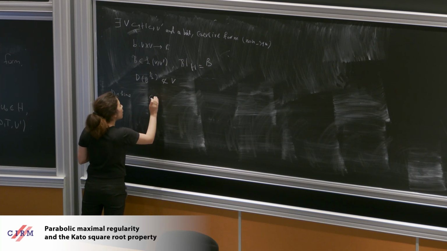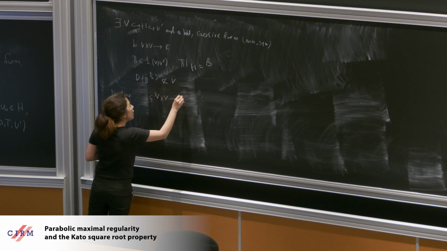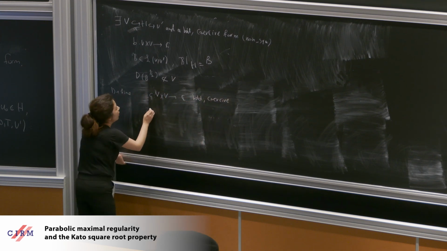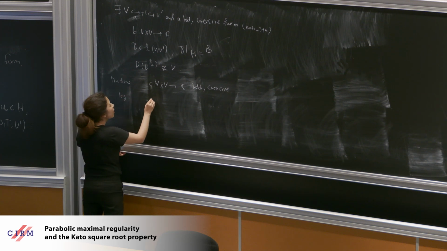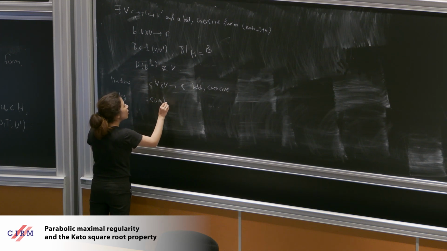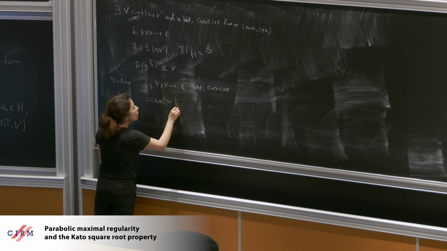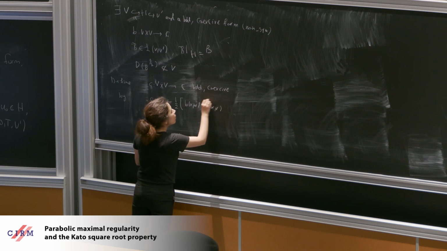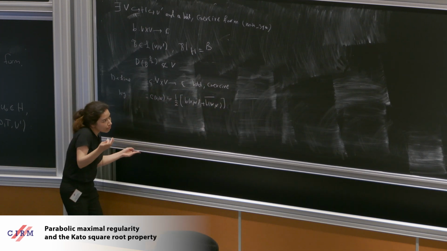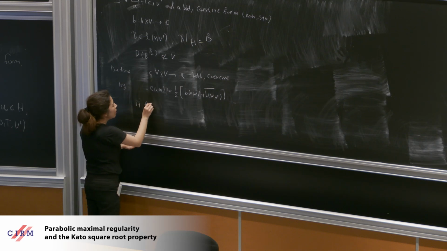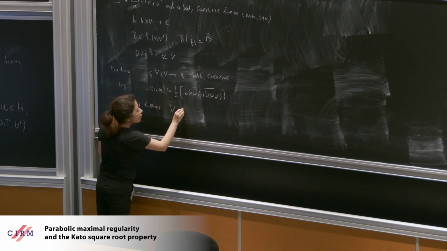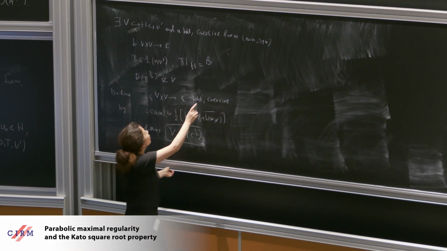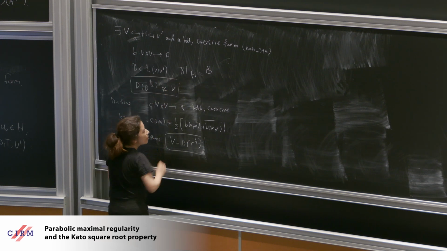I will denote it by a small c, again on V, defined by restricting my attention to the symmetric part of the non-symmetric form B. By construction, it follows that because it's symmetric, V is exactly the domain of the square root of C. It is important that I will make use of these two facts.